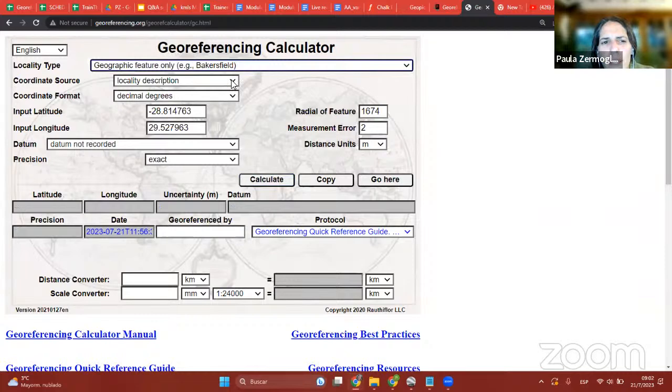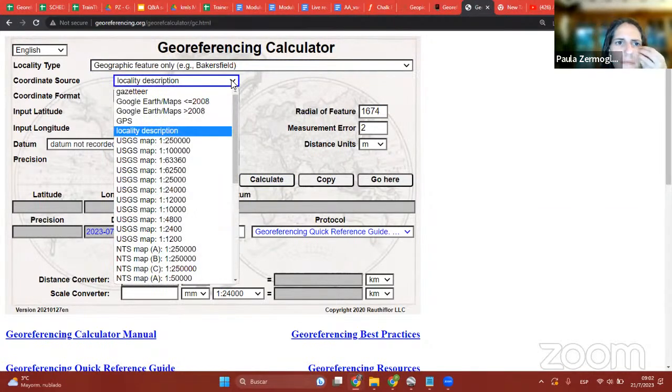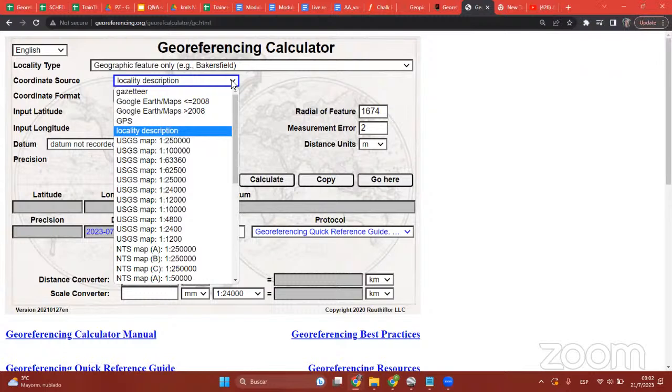What is the coordinate source in this case? Please, did you use GeoPic? If it is, then it's coming from there, but I'm not sure if you used GeoPic or Google Earth. That should be one of them.